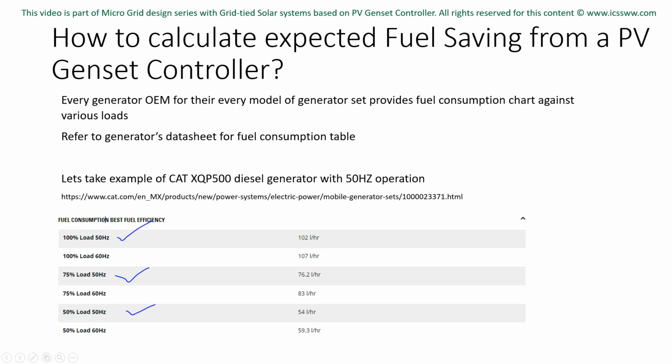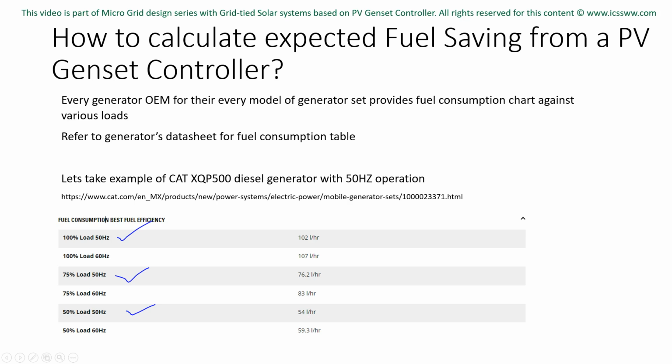The datasheet claims that at 100% load it's going to consume 102 liters per hour, at 75% load it's going to consume 76.2 liters per hour, and at 50% load it's going to consume 54 liters per hour. A fuel consumption chart can always be requested from the OEM if not mentioned in the datasheet.